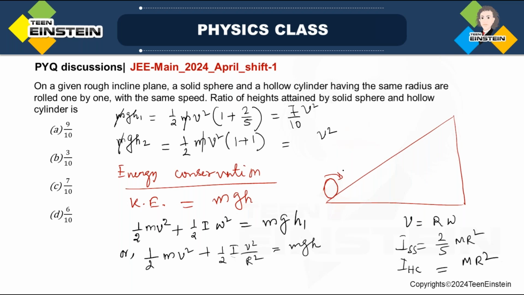Now take the ratio on both sides. h1 by h2 is equal to 7 by 10. Option C will be the correct answer for this question. This is in the case of rolling up along the inclined plane.